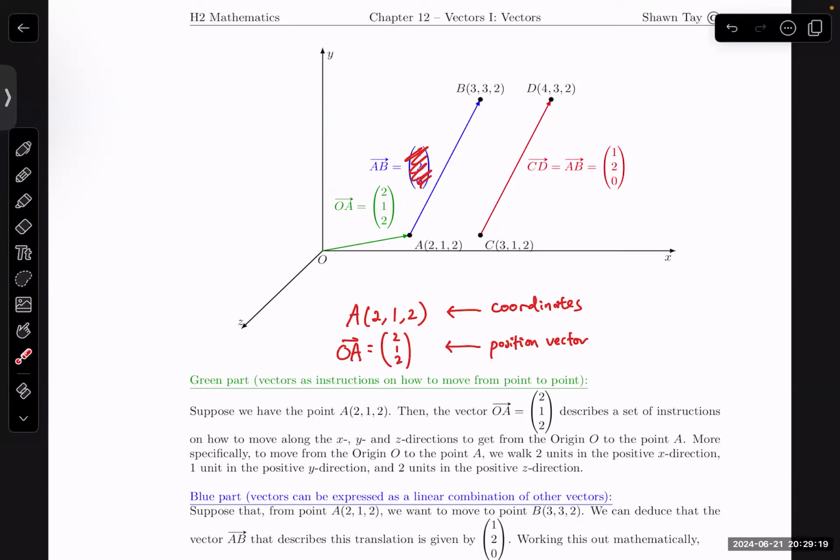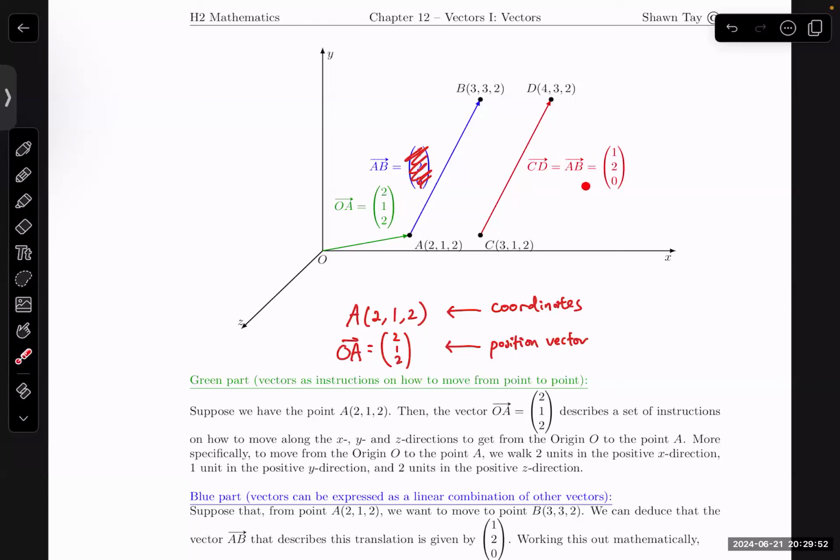When I was a student studying for H2 math, this concept, although I think it's quite simple and most students should know how it works, the notation can make things a little bit confusing. For example, why would I call this red vector AB? It doesn't take us from point A to point B, right?